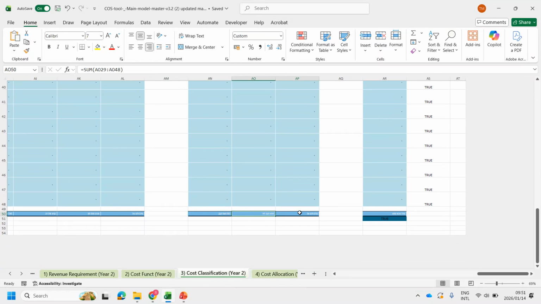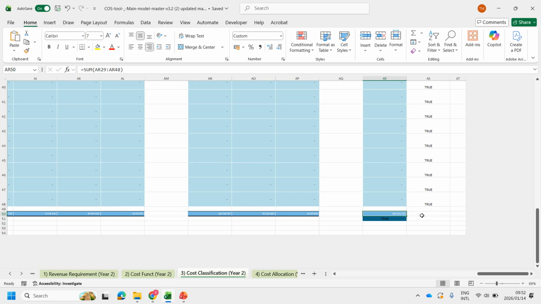So you will know that in total, this is how much you spend to purchase electricity. In total, this is how much you spend on your network. In total, this is how much you spend to service your customers. So when you add all of this together, they should give you this value. That is the same total as what you found in revenue requirement, the same total as what you found in cost functionalization.